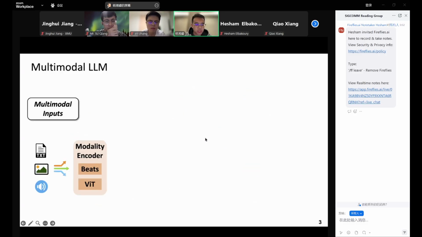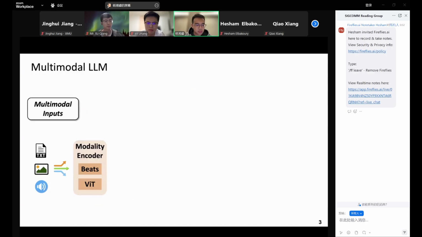This slide breaks down the typical architecture of multimodal LLM, which can be understood as a three-stage process. First, multimodal inputs like text, images, and audio are fed into a modality encoder, for example, a vision transformer, or ViT for short.